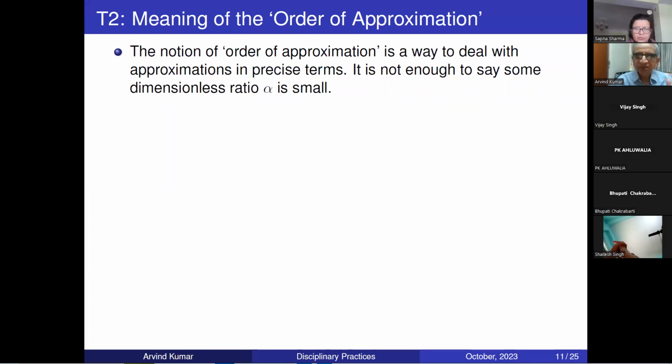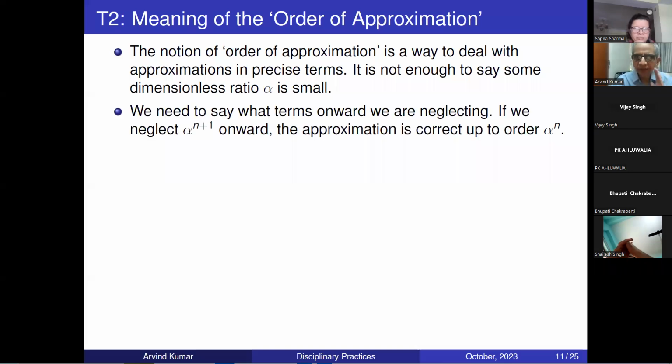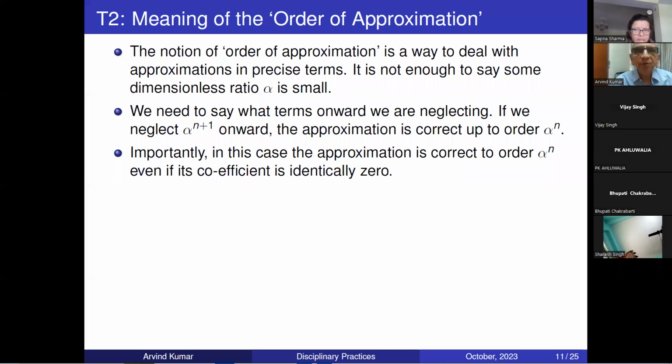It's not enough to say some dimensionless ratio is small. We need to say what terms onwards we are neglecting. If we neglect alpha to the power n plus 1 onward, the approximation is correct up to order alpha to the power n. Now, this seems obvious, but importantly, the approximation is correct to order alpha to the power n, even if its coefficient is identically zero.